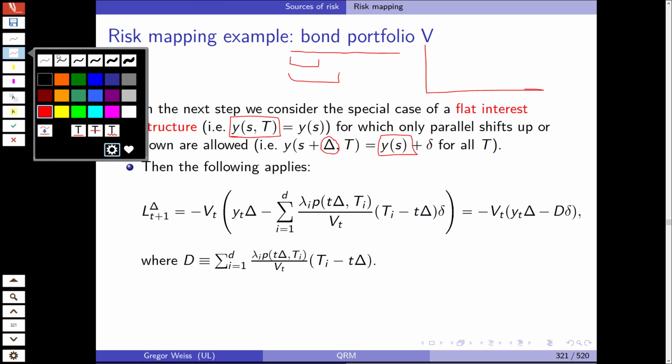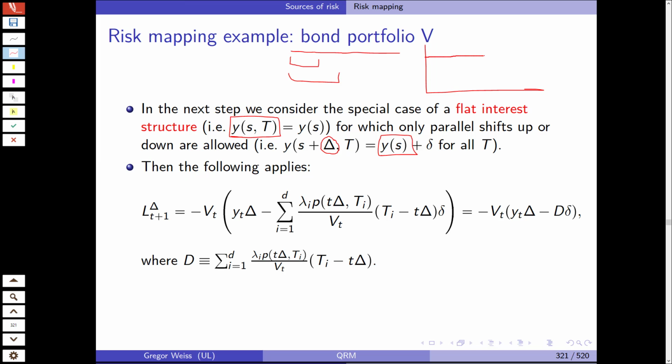I have a line, no, sorry, let me try to draw it like this. And for example, the yield curve simply goes down by delta. So this is the change. Then in linearization, in linear approximation, we get the following for the linearized losses.